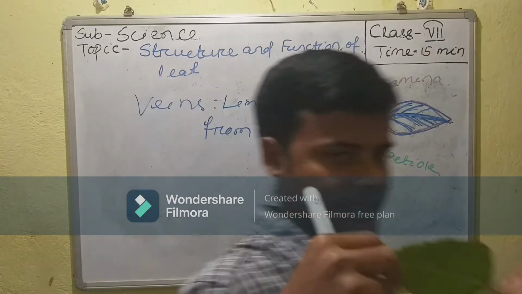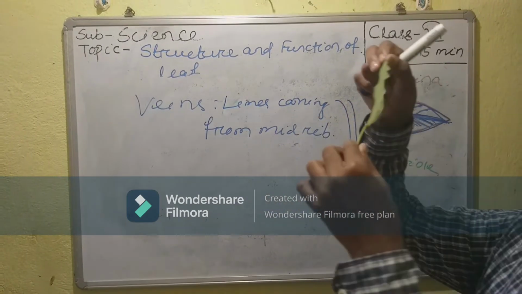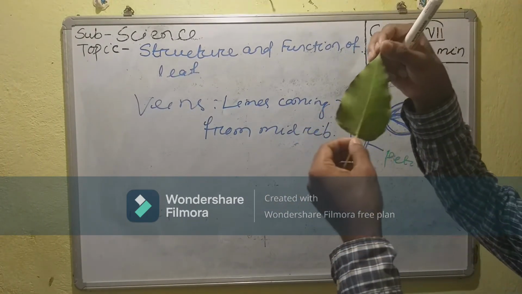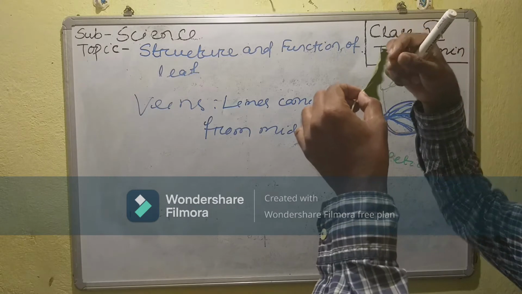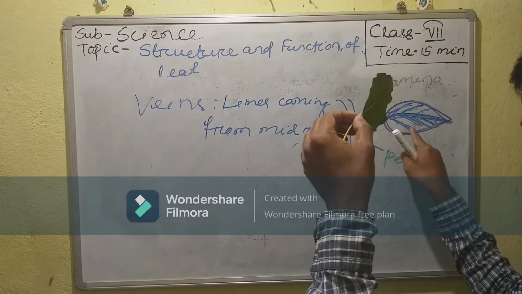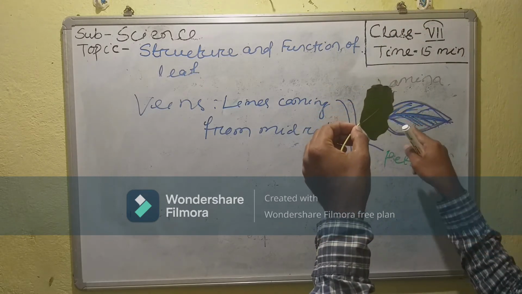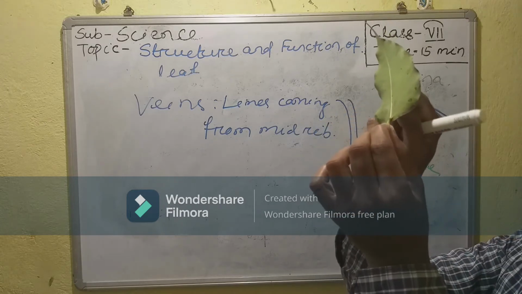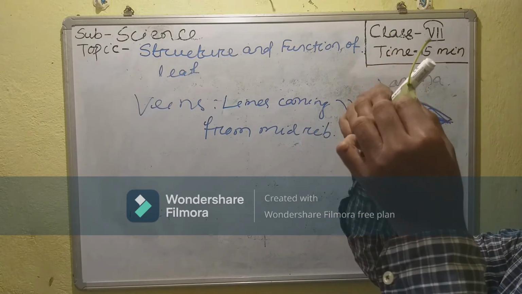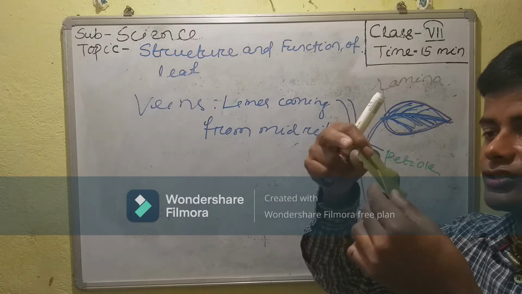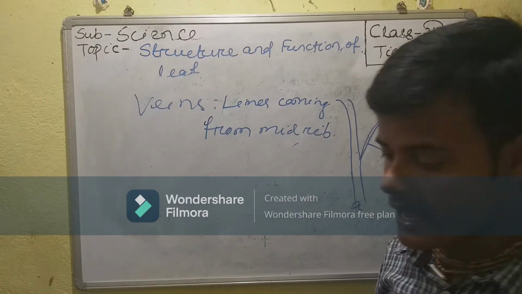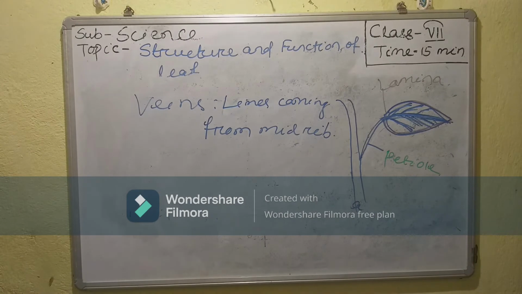If you see it against the light, you can see it is just like a net-like structure. The net-like structure between the midrib and veins is known as reticulate venation.